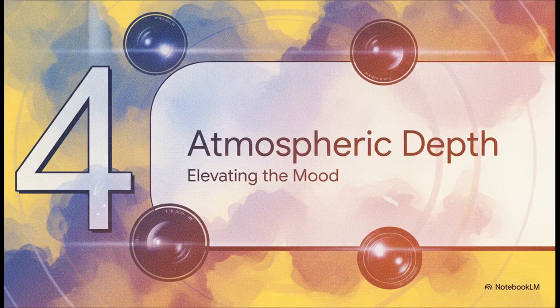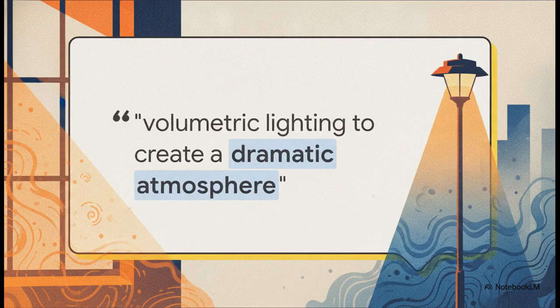Let's jump to Section 4, Crafting Atmospheric Depth. The sources specifically emphasize that relying on volumetric lighting and volumetric fog is absolutely the best way to create a palpable, dramatic atmosphere in your scene. And you've seen this in real life, like when sunlight streams through a dusty window or streetlights cut through a really dense fog.